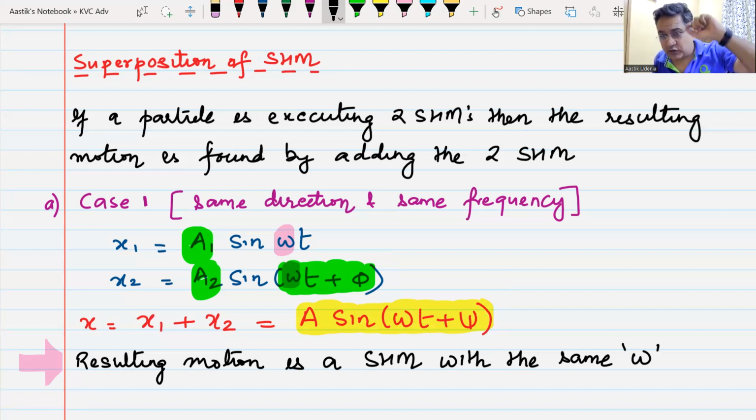But so we know omega of that SHM, but there are again two more terms which are unknown here. What are the two terms which are unknown in the resulting SHM?